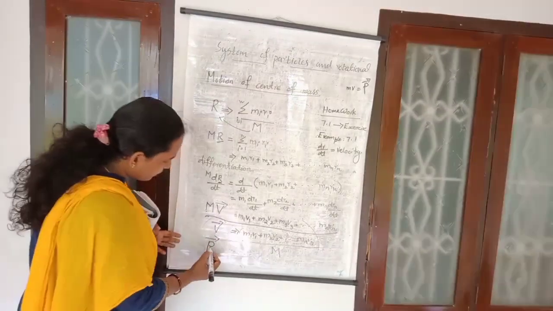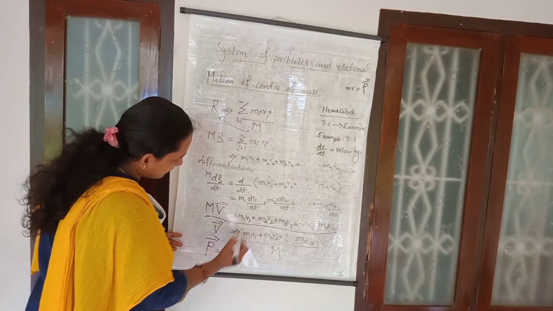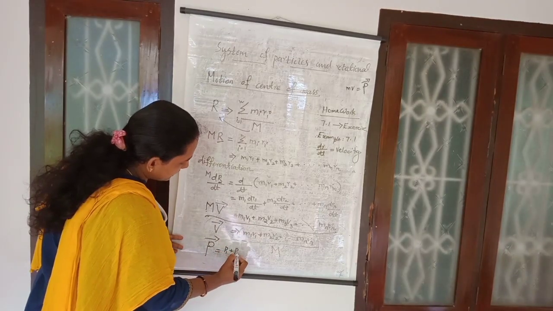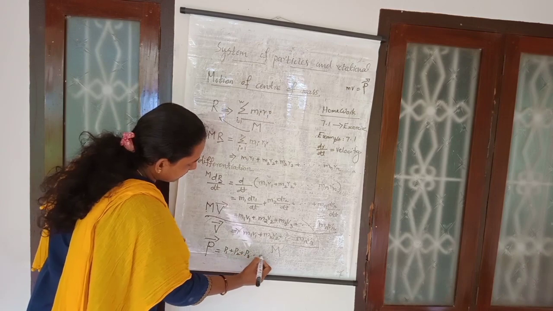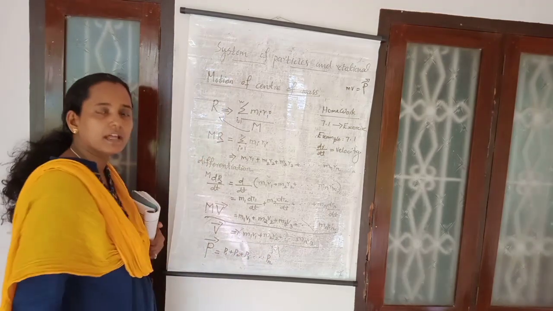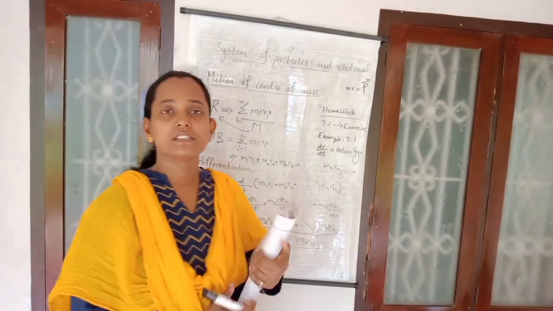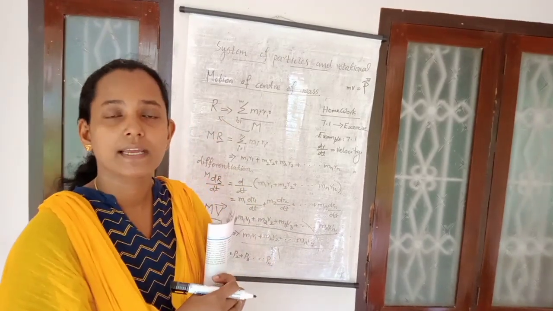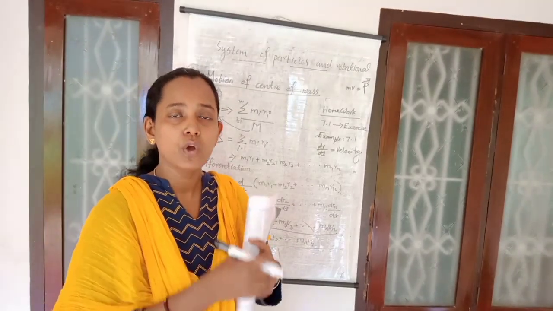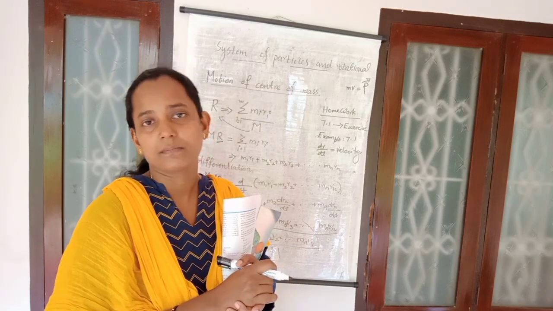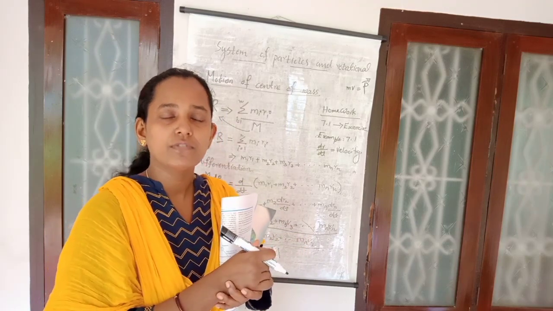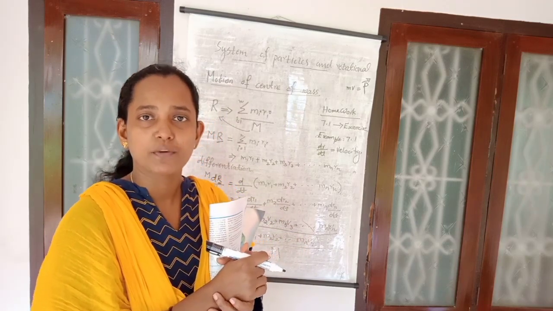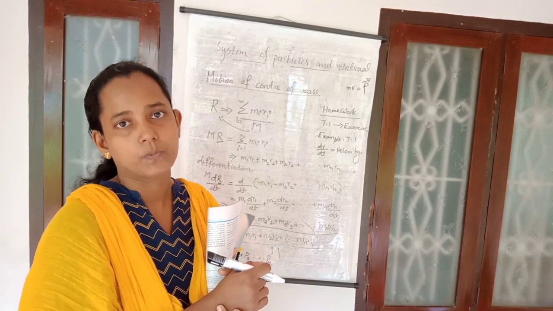The momentum of that system P is p1 plus p2 plus p3 plus etc. of pn. That is, the total linear momentum of a system of n particles is equivalent to the linear momentum of its center of mass.